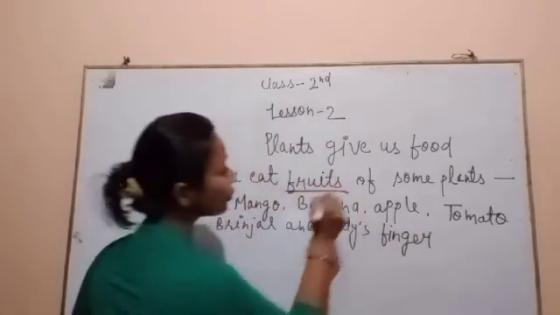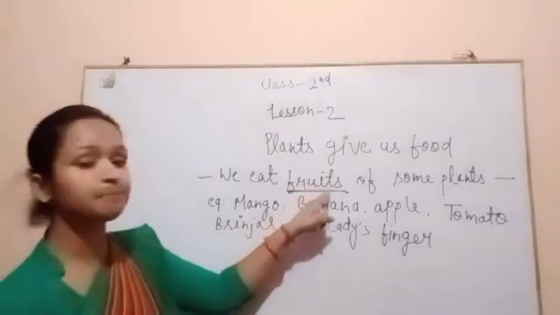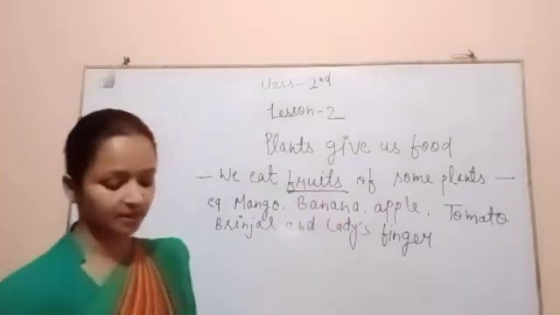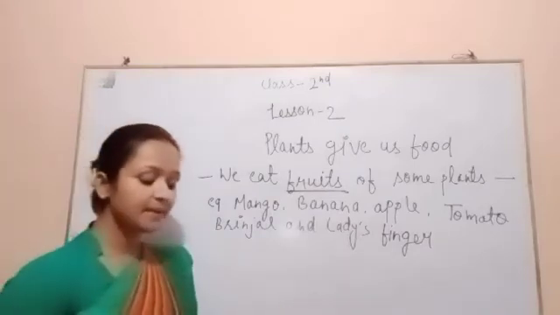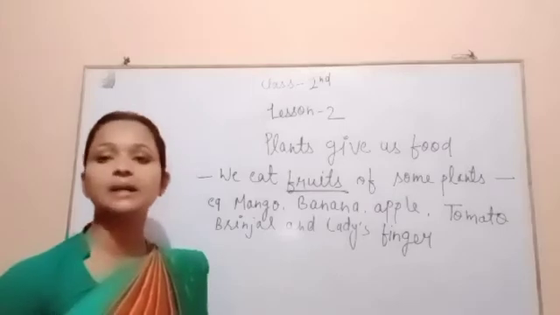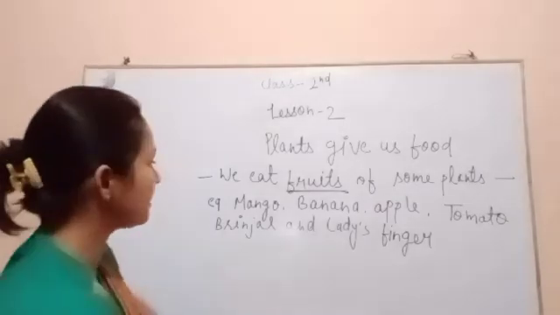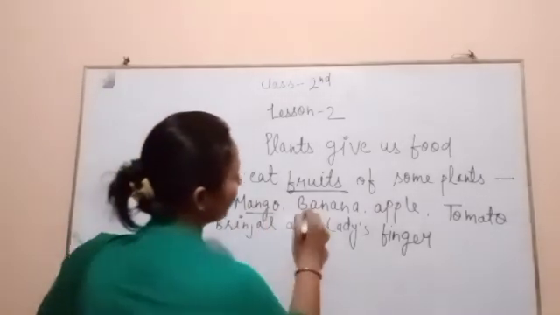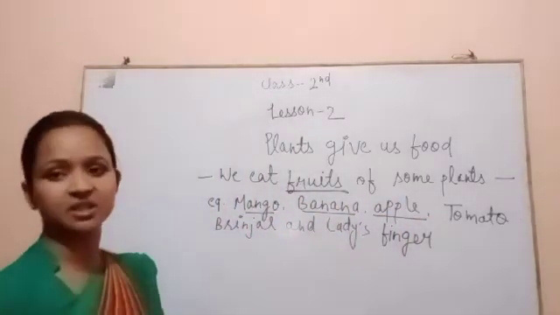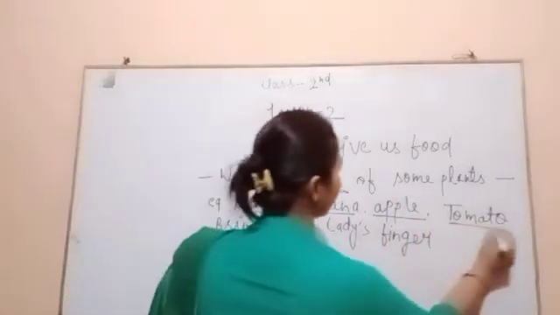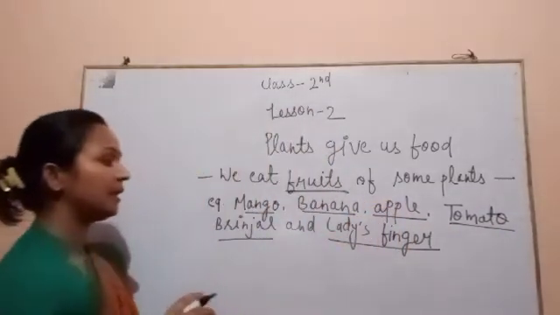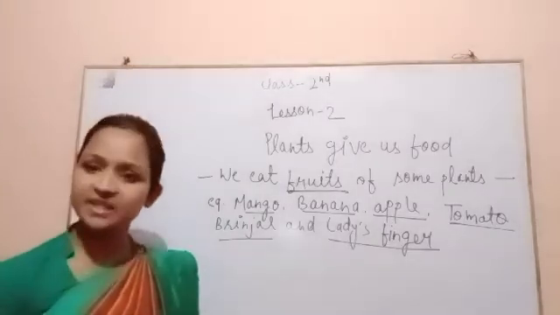Where do they store the food? In the fruit part. So we are eating fruit parts of the plant, and some of them are eaten as fruits and some are eaten as vegetables. Mango, banana and apple we use as fruits, and tomato, brinjal and lady's finger we use as vegetables.